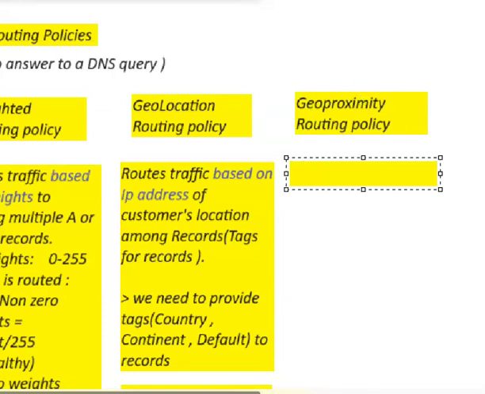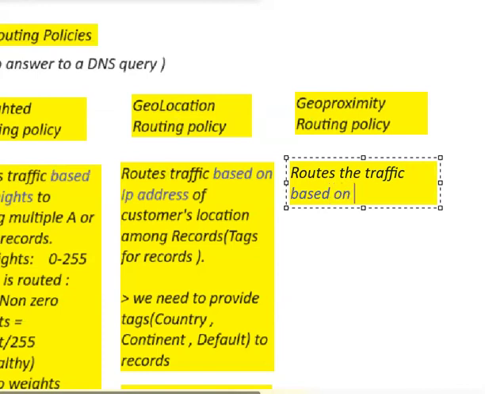In this geo proximity routing, it routes the traffic same like geolocation routing, but it routes the traffic based on latitude and longitude.